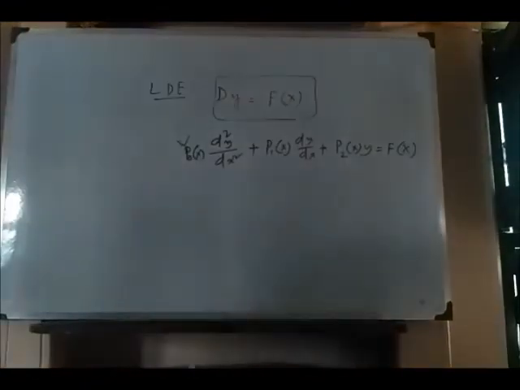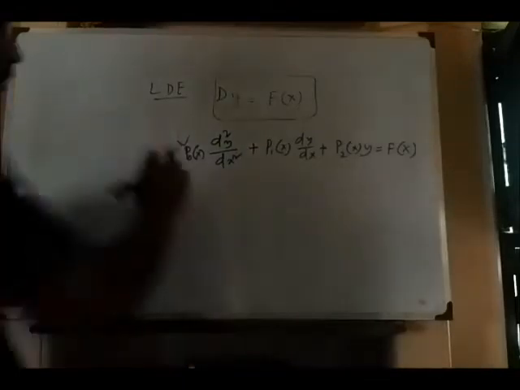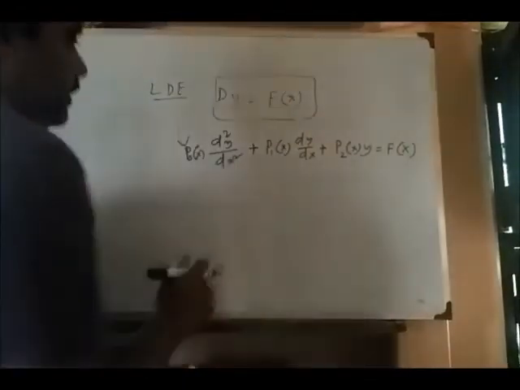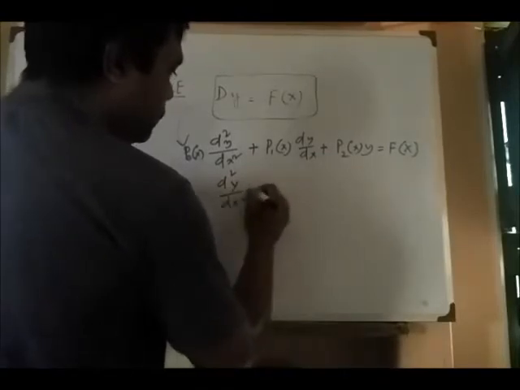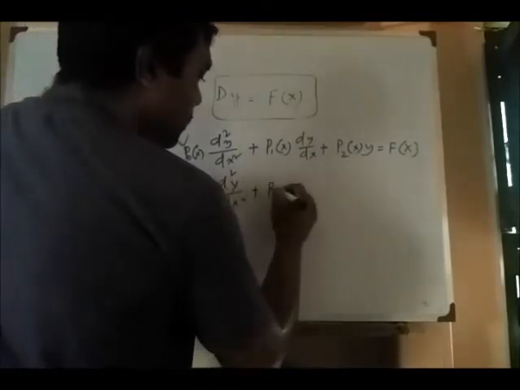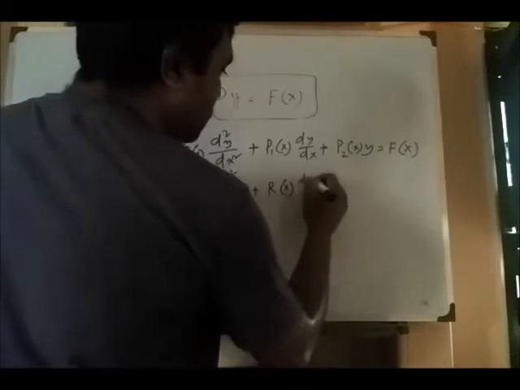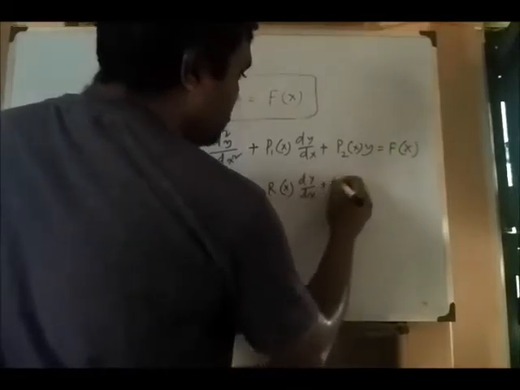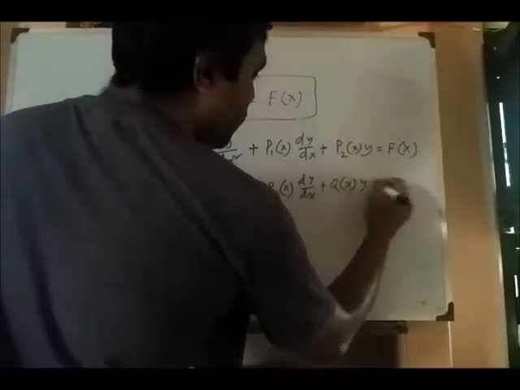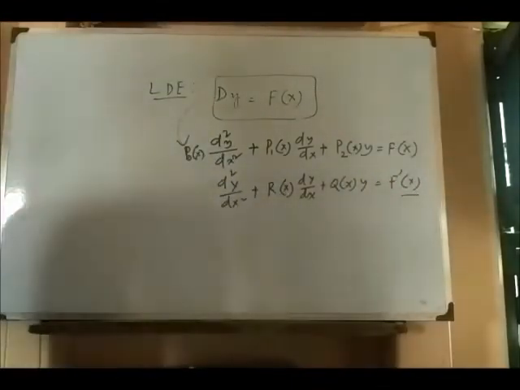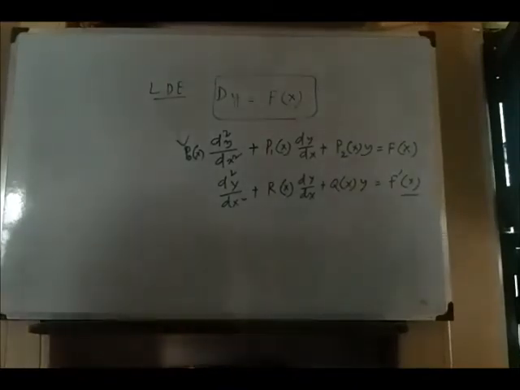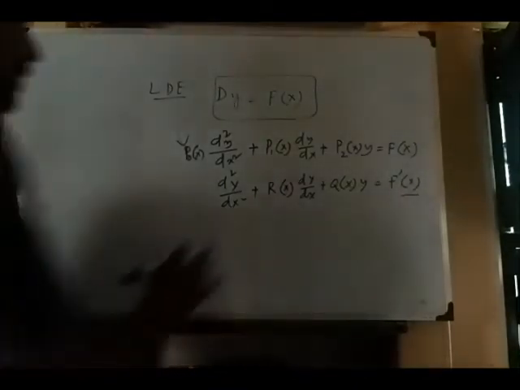Now for simplification we are going to divide by p0(x) on both sides, and we get d2y/dx2 plus r(x) dy/dx plus q(x) y equals f'(x), right? So this is the most general case of this differential equation.